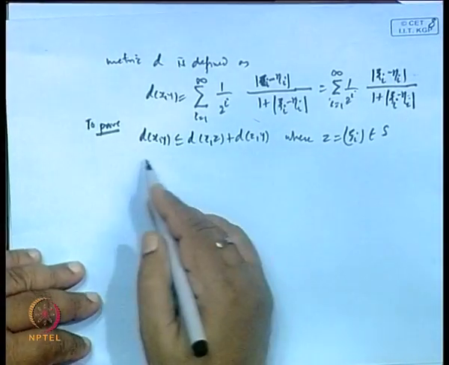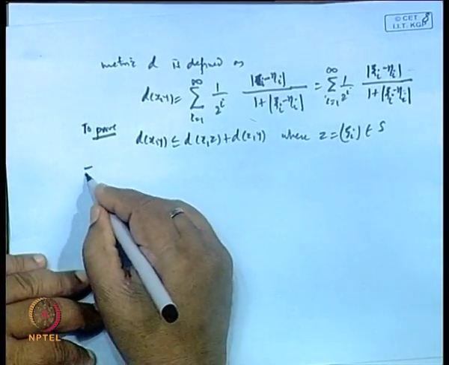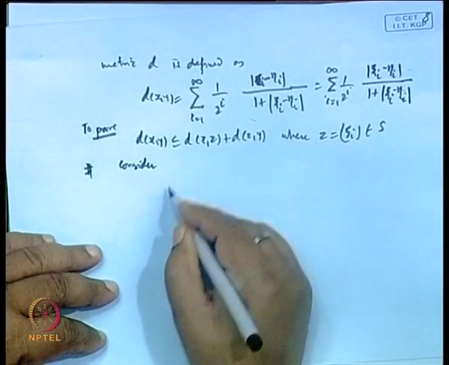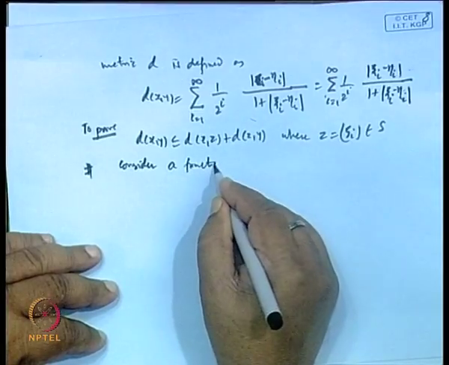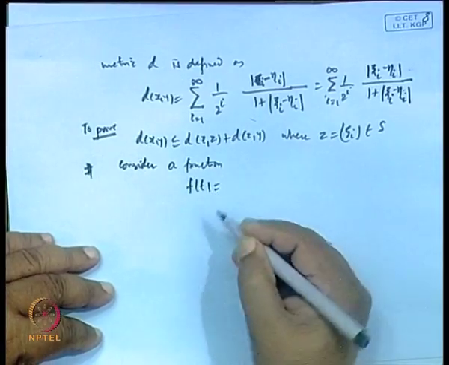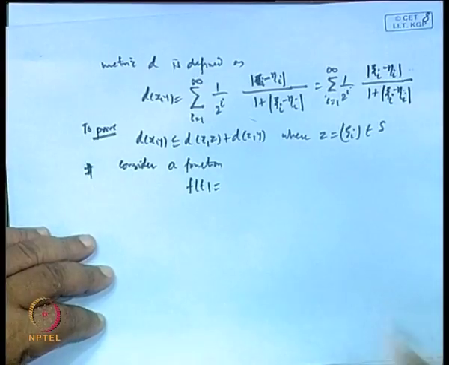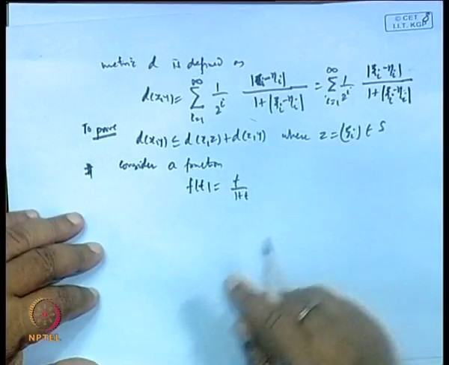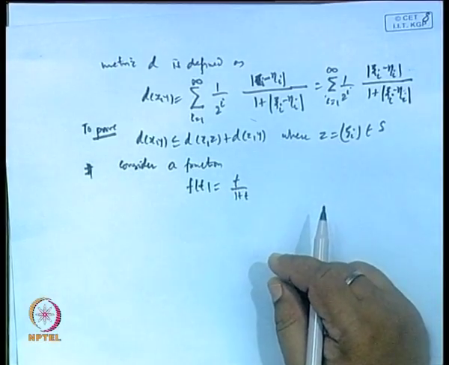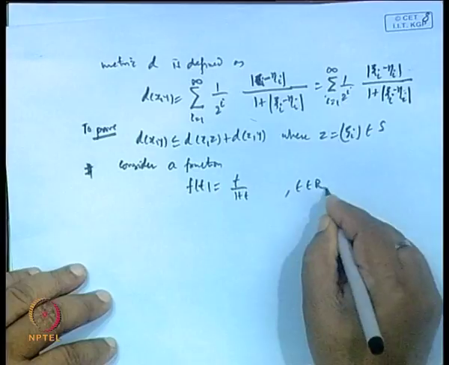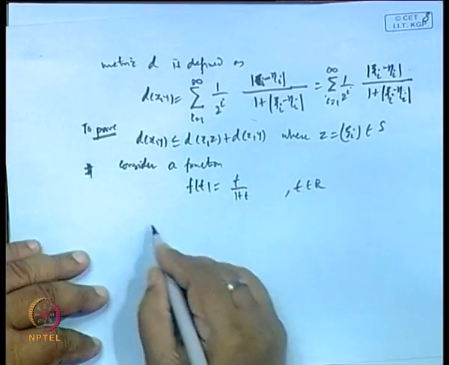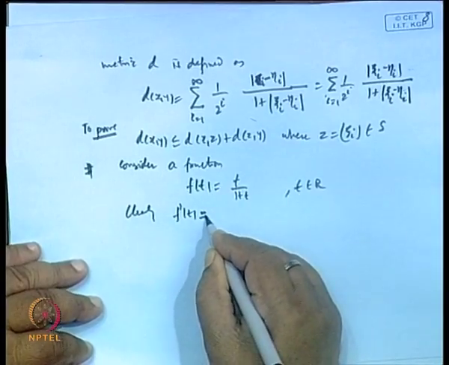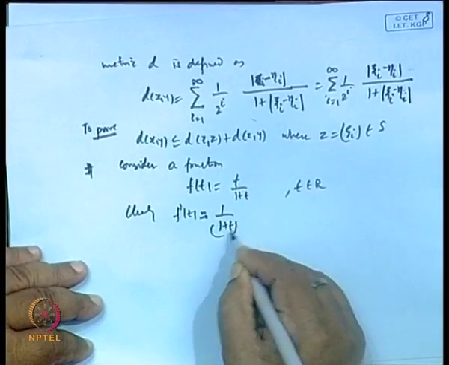Okay. So, we write first an auxiliary relation. Let us consider a function f of t equal to t over 1 plus t, defined on R, t is in R. Then clearly the derivative of this is positive, because the derivative is nothing but 1 over (1 plus t) whole square.